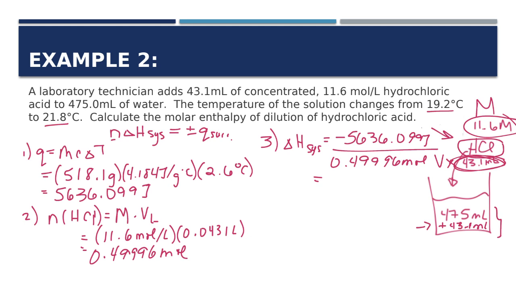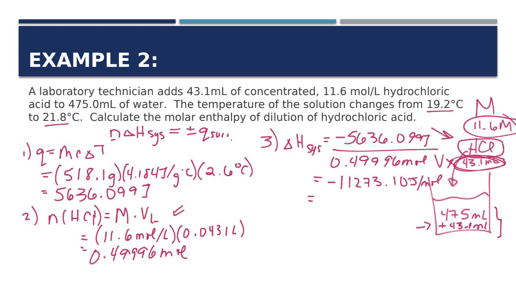And then we'll calculate the overall enthalpy. So when you divide it out, you get negative 11,273.10 joules per mole. And then again, I need to round to sig figs. So back I go to the values that have been given to me.